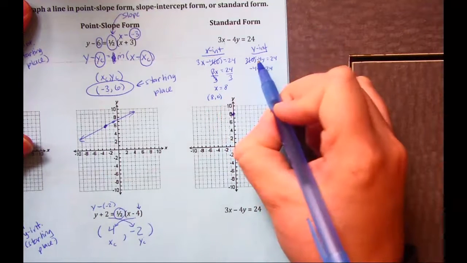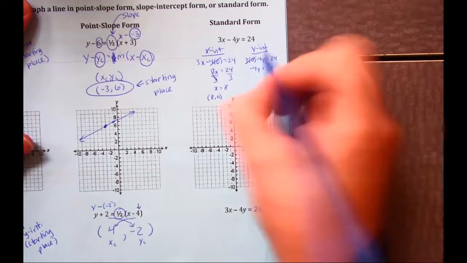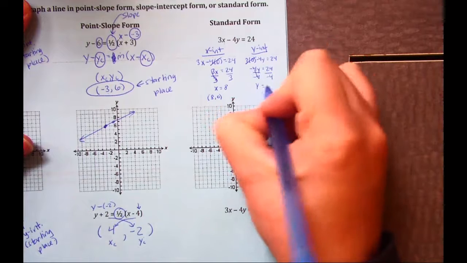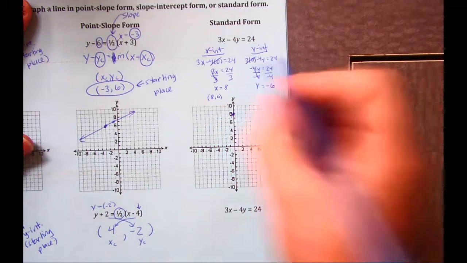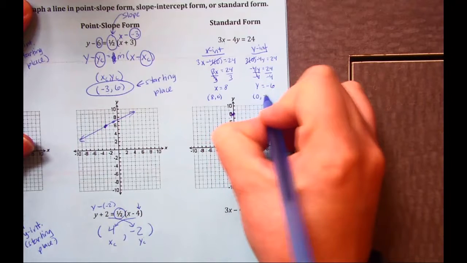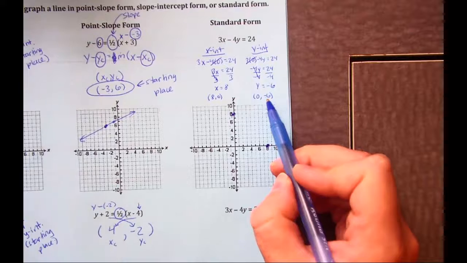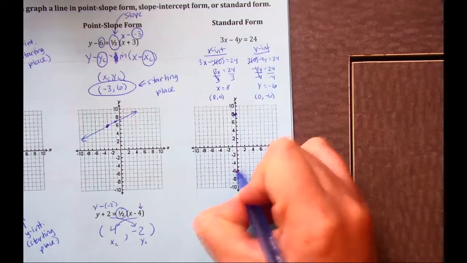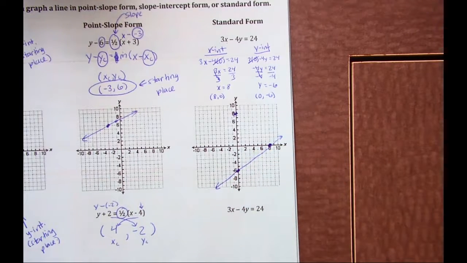Remember that this negative is stuck to the 4, so that didn't go away. That stays with the negative 4. Divide both sides by negative 4, and I get that y equals negative 6, because 24 divided by negative 4 is a negative 6. So my y-intercept is 0, negative 6. When I put 0 in for x, I get that y was negative 6, so my y-intercept is down here on the y-axis. And then I can draw my line with my 2 points.